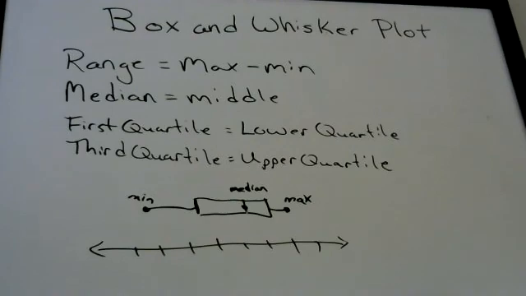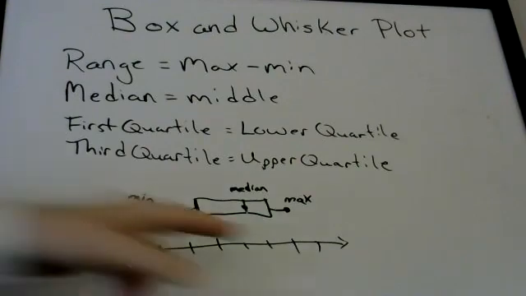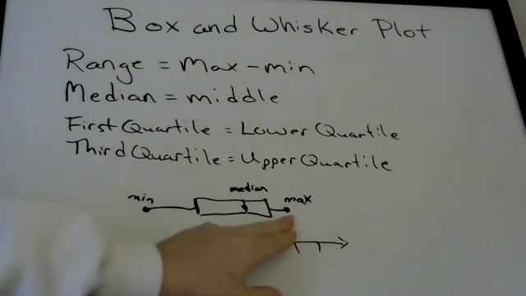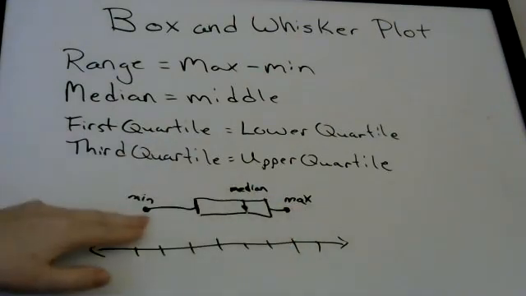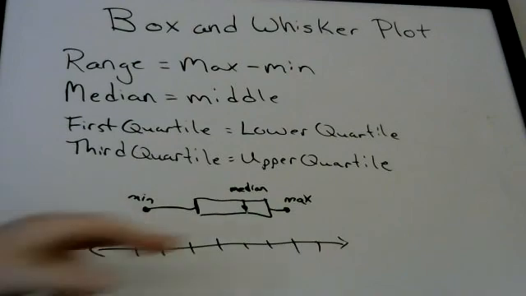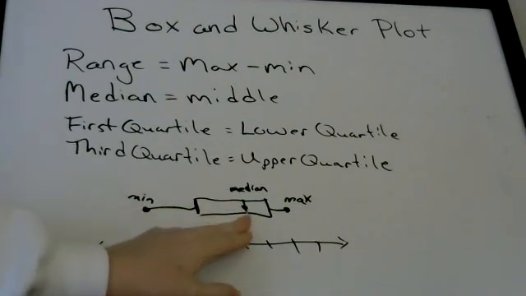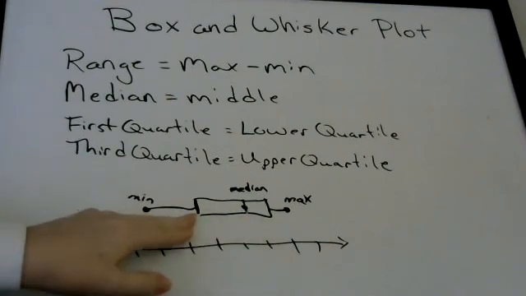So when you're given a box and whisker plot, and probably that's what they're going to give you on the test, they might ask you, what's the maximum? Well, it's this number out here. What's the minimum? It's this number here. What's the median? It's where this line comes down inside the box plot. This is the first quartile.